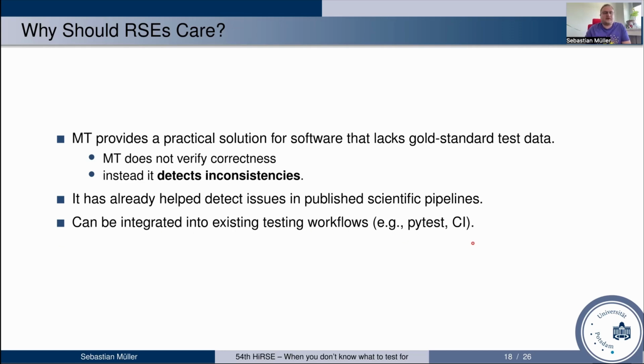The cool thing about metamorphic testing is that we can integrate this idea into existing testing workflows, such as PyTest or our CI/CD pipelines, or whatever testing framework you might have. We just need to restructure our assert statement a tiny bit.